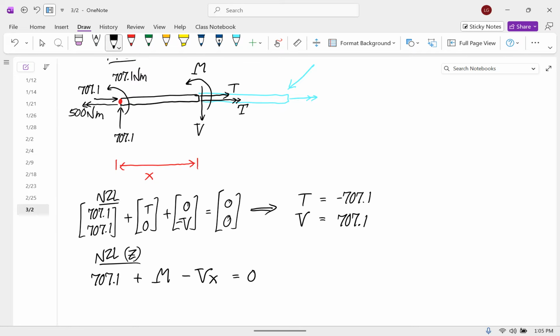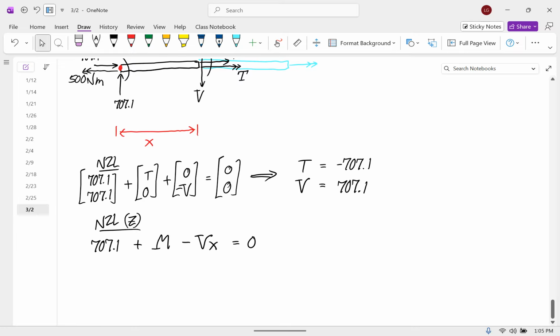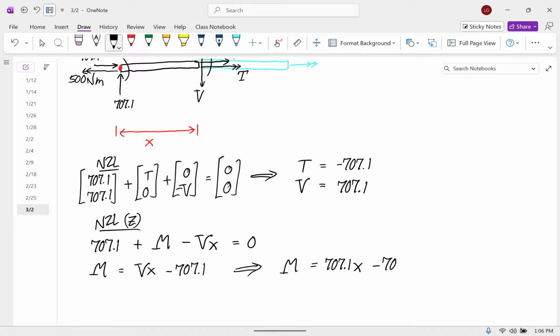And this is equal to 0. So now M is equal to Vx minus 707.1. V, we figured out above. So what we have here is that M is equal to 707.1 times X minus 707.1. Any questions about that one?